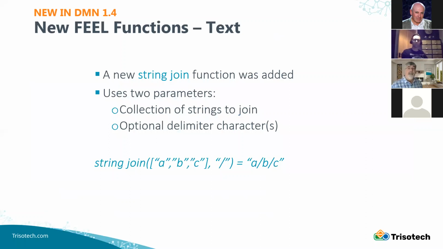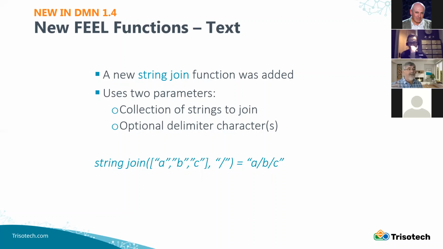We also added a new fill function around manipulating text. The new function is called string join, and this function was added with 2 parameters, a collection of strings to be joined, and an optional delimiter character. So for example, if I do a string join of this list and I use this delimiter, I get as a result this string divided by that delimiter that I specify.